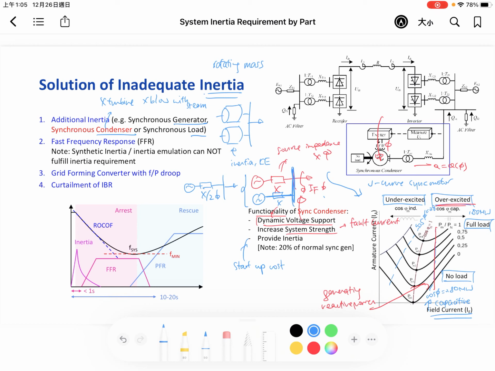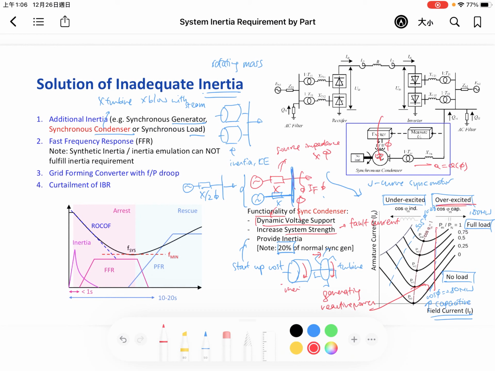Later on, we have got a number on how much reactive power it generates, how much inertia it generates, and what the cost is. But one thing I must note is that the inertia is just 20% of the synchronous generator, because the generator in the past was connected to the turbine, and the steam blows and the turbine turns with the generator, and hence there is inertia and there is power.